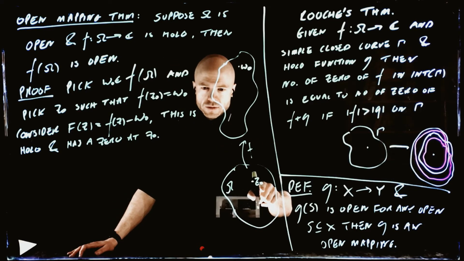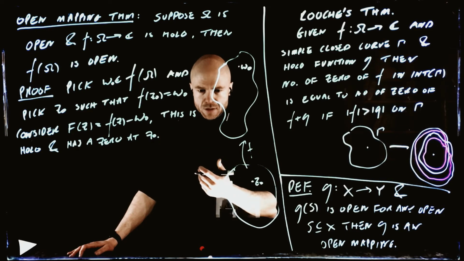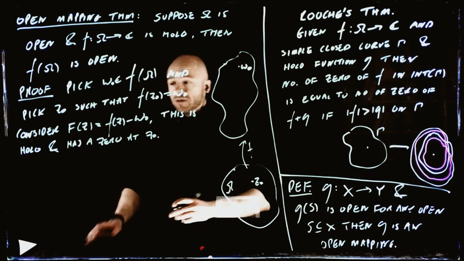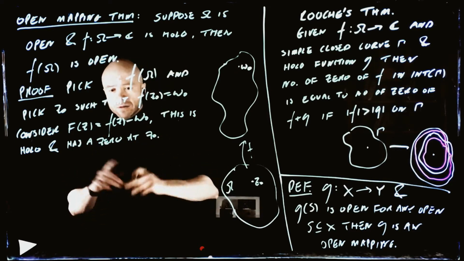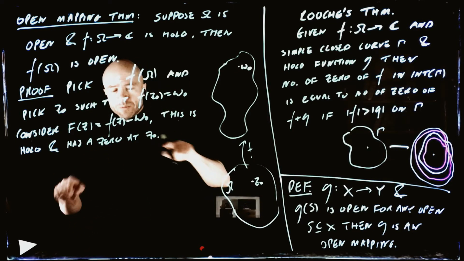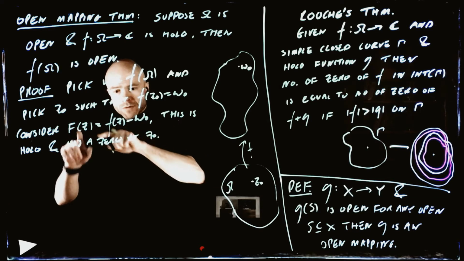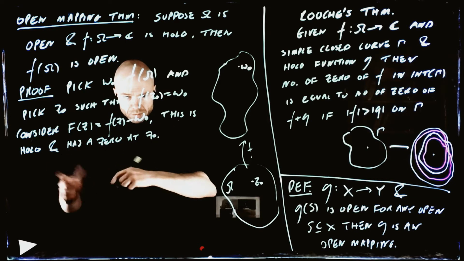But the 0 has to be isolated because it's a holomorphic mapping, right? So it's an isolated 0. So therefore there exists some radius r such that on the boundary of a ball of radius r, there are no other zeros of capital F, because it's isolated.